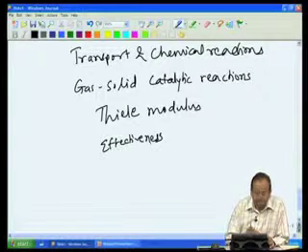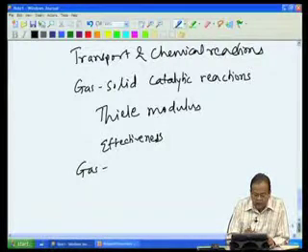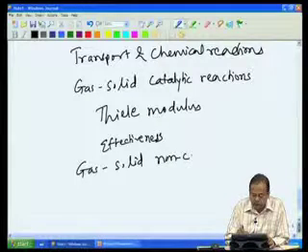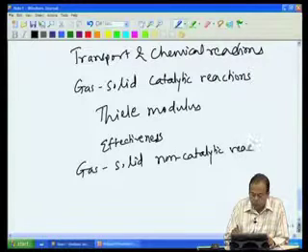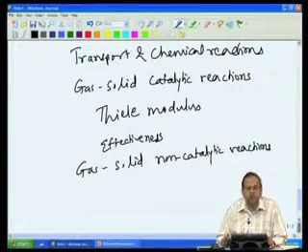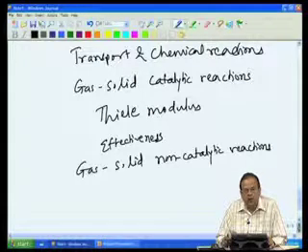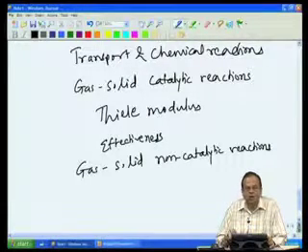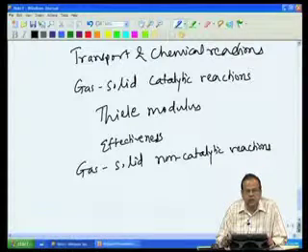We also applied the similar ideas to gas solid non catalytic reaction, where we said that things like diffusion are still the same, except now the solid is not static, that is it is undergoing a change.